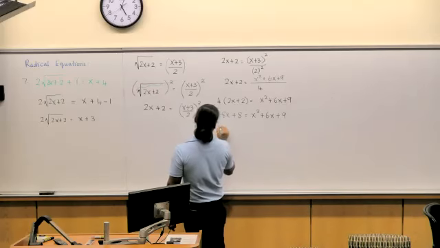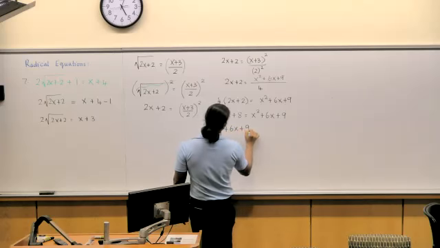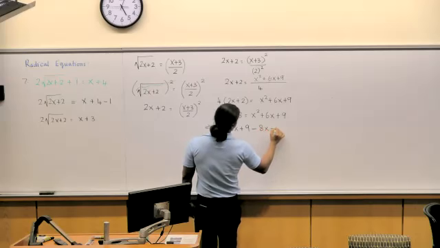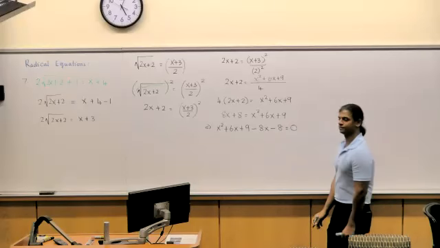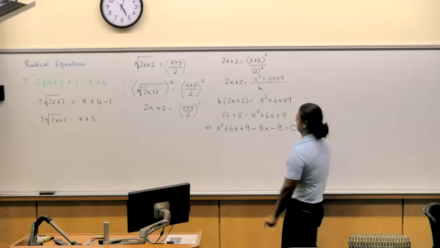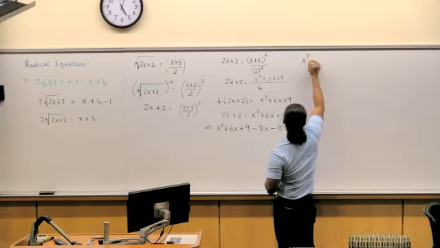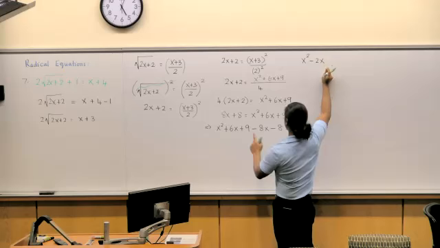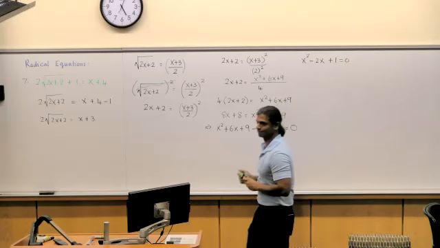So you have x squared plus 6x plus 9 minus 8x minus 8 equals 0. Good so far? 6x minus 8x is minus 2x, 9 minus 8 is 1.